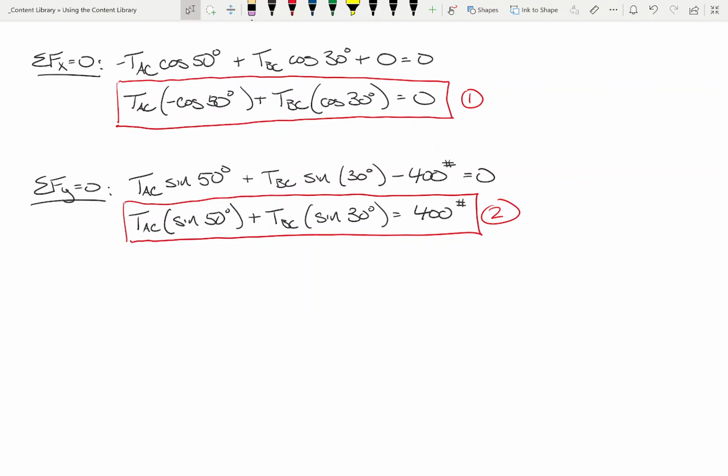Okay. So now what we're going to do, we have two equations. We have two unknowns.